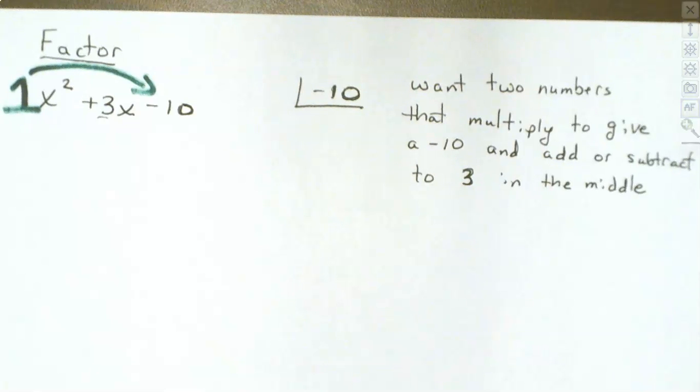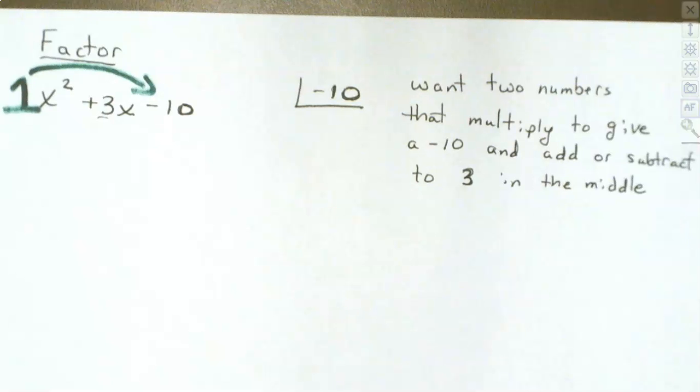Well, the only way that can happen is one positive, one negative, right? Because if they're both positive, a positive and a positive would make it a what? Positive. That doesn't work. We want negative 10. Now, if they're both negative, what would happen? Well, negative and negative would make that then a what? Positive again, and we don't want that.